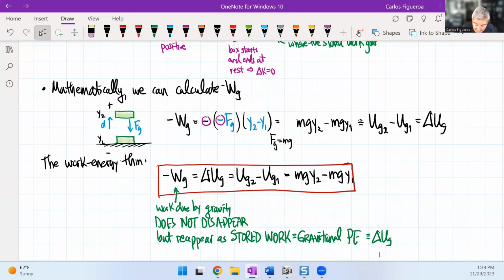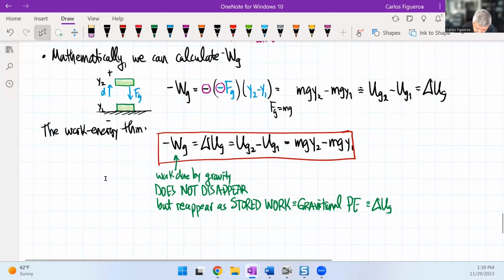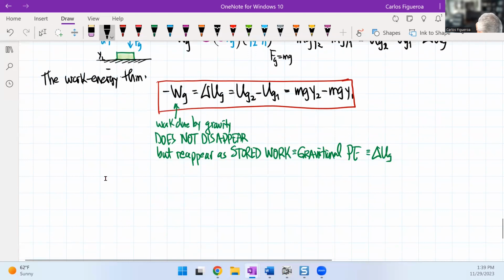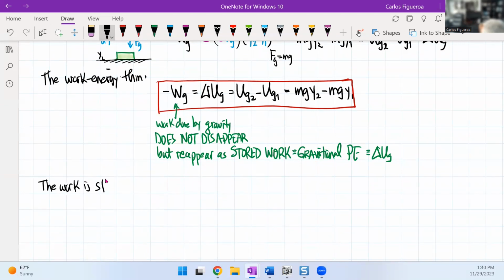What you're going to find is that the work is still the area.